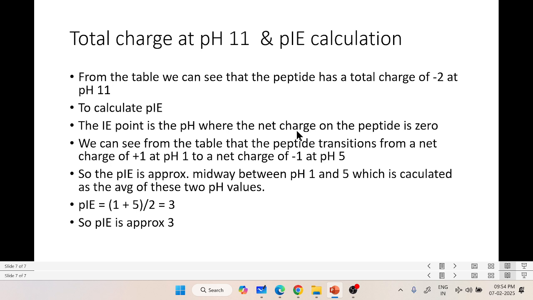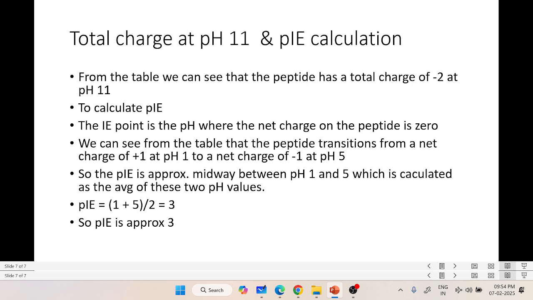Somewhere in this range the charge becomes 0. As an approximation, the pI is taken as midway between pH 1 and 5, calculated as an average of these two pH values. In this case, pI is 1 plus 5 divided by 2, equal to 3. The average is 3, so the isoelectric point is approximately 3. This is an approximate value. The actual isoelectric value should be determined experimentally.